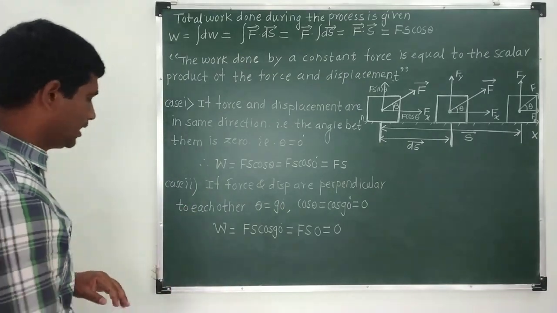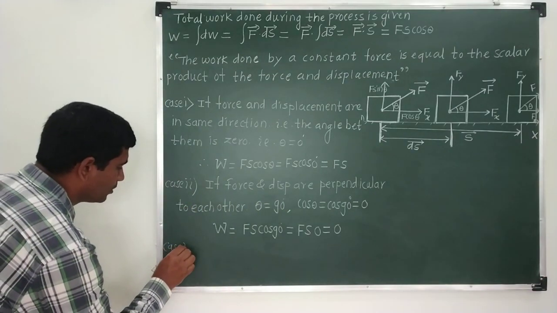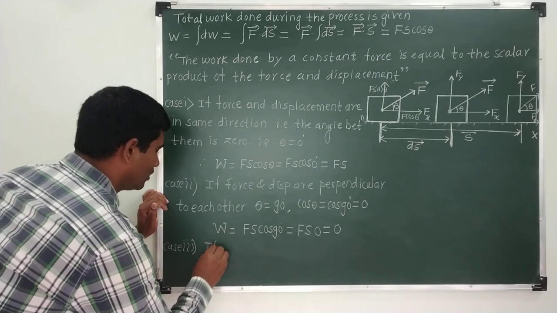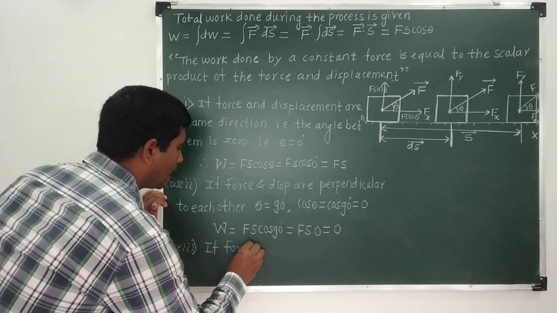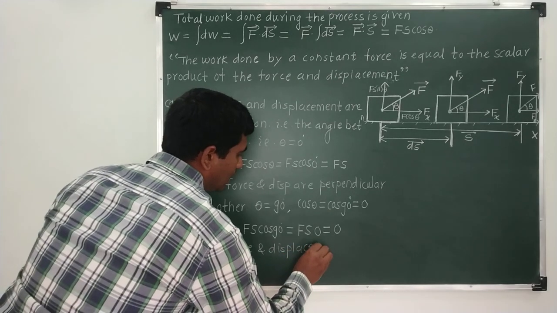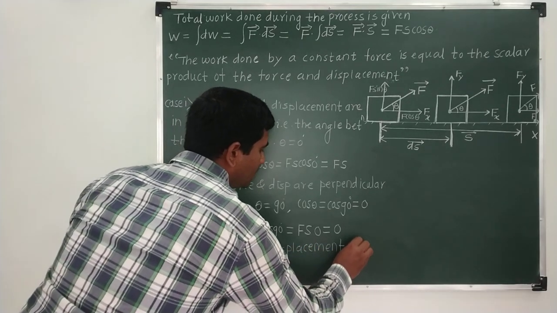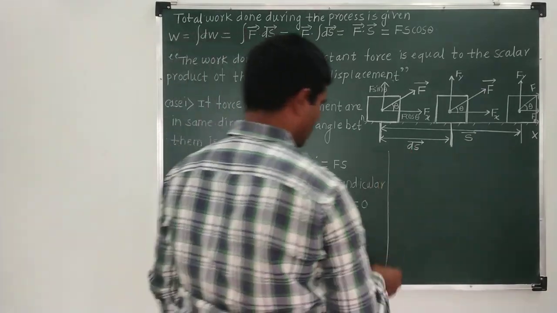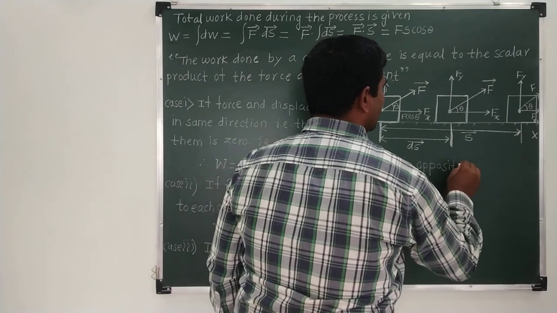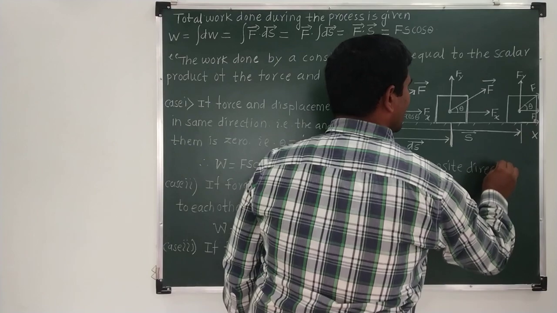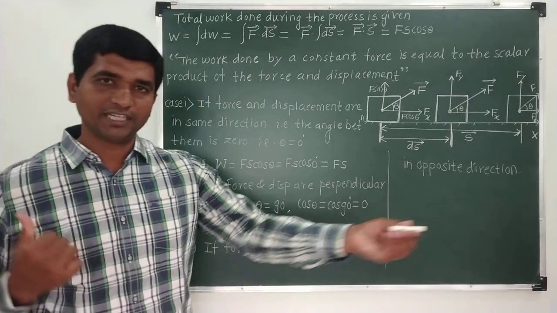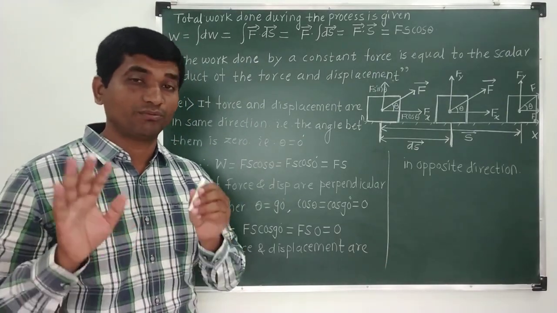Remember this thing. Okay, and the last case we will consider, case number 3. If force and displacement are in opposite directions, it means the force is in this direction and the displacement is in this direction, which always happens in case of a frictional force.